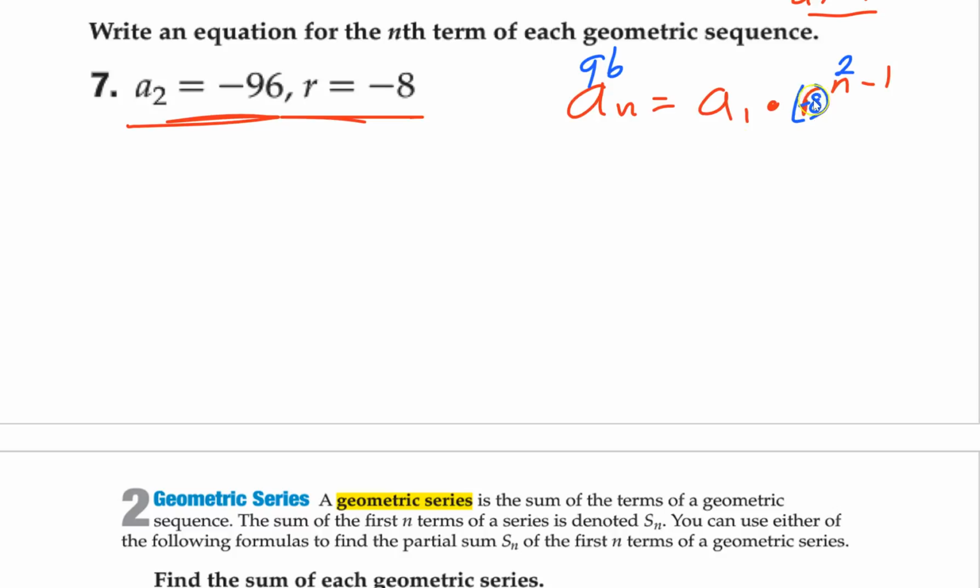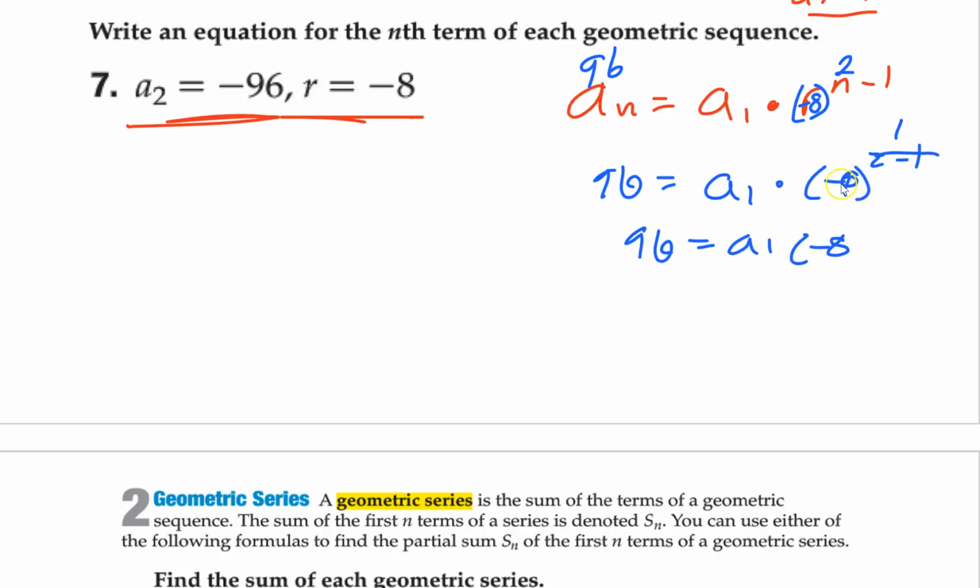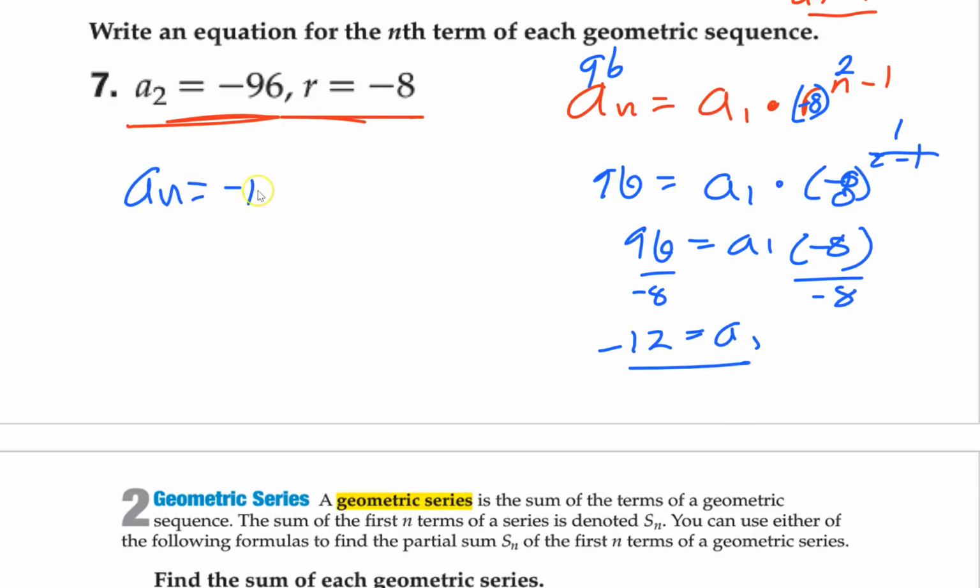So I get 96 equals A1 times negative 8 to the 2 minus 1. 96 equals A1 times negative 8. Divide by negative 8, and I get negative 12, actually. So my formula is going to be An equals A1, which I just found, is negative 12, times R to the n minus 1.